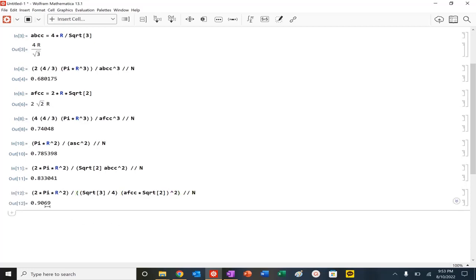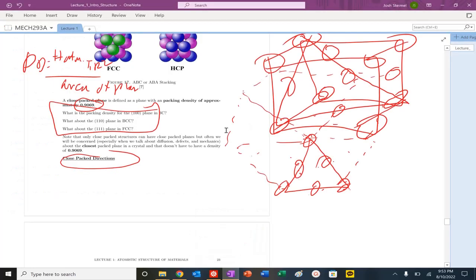And what do you know? 0.9069, we've got ourselves a winner. We've got a close packed plane, excuse me. The family of 111 planes is my close packed plane in my close packed structure of FCC.